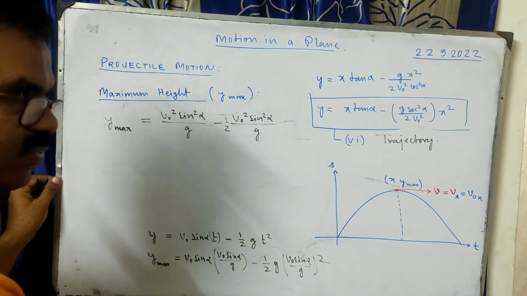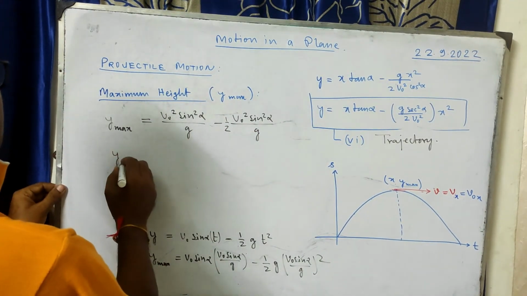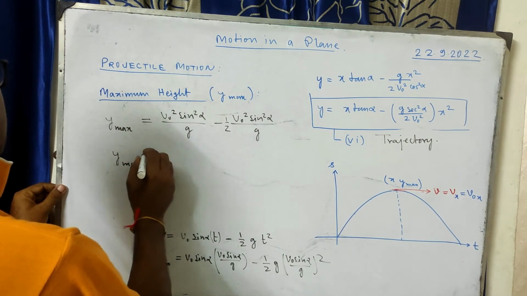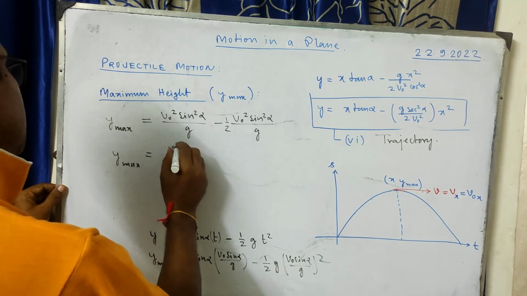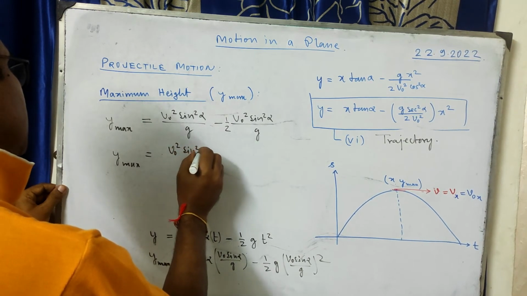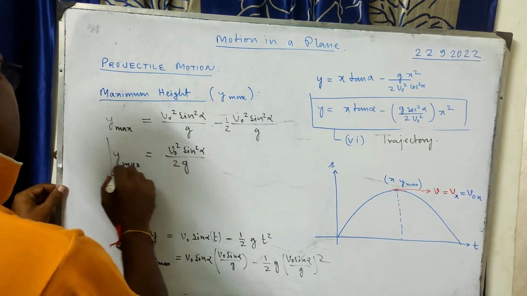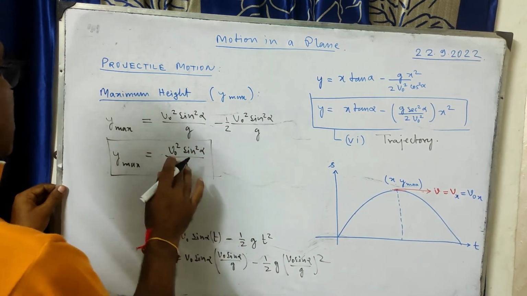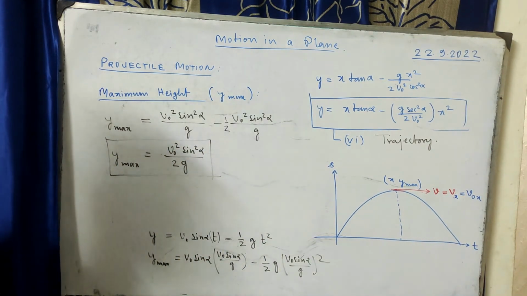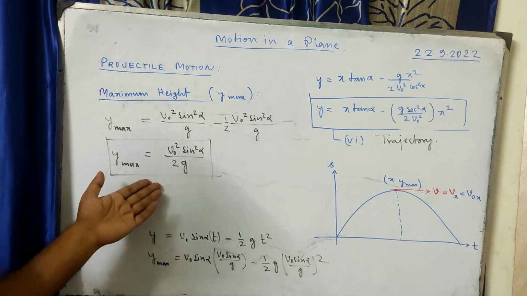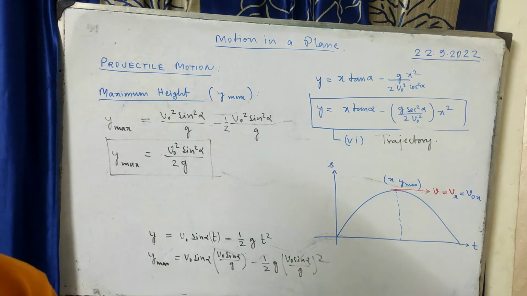So from that, one half gone, remaining will be half only, isn't it? So y max is nothing but V0 square sine square alpha divided by 2g, right? Now you see, alpha we know, V0 we know, g also we know. So we know the y max, isn't it? So we can find out the maximum height. This is the maximum height it can reach.